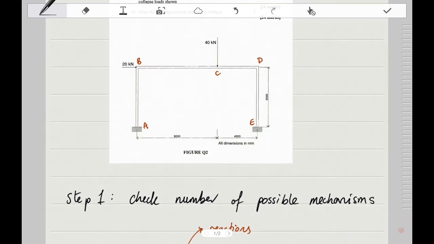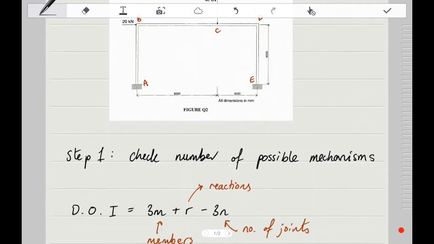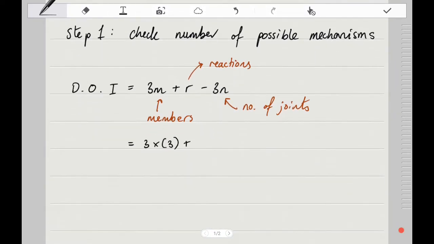Okay, so we only have 2 fixed supports. Each fixed support has obviously a vertical, horizontal, and a moment there. So we'll have a total of 3 plus 3, which is 6 reactions, minus the number of joints, 3 times the number of joints.